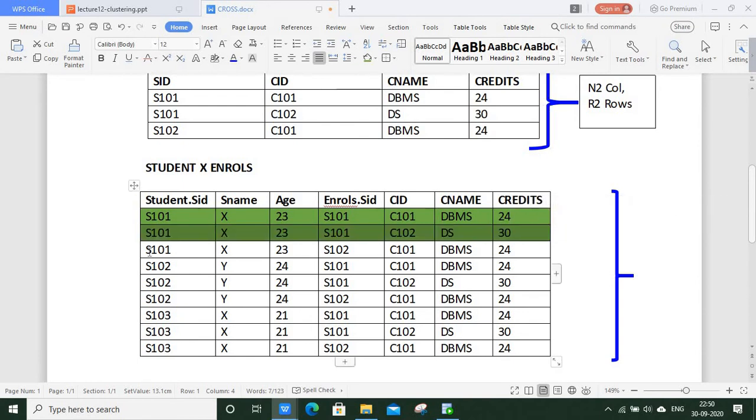Now coming to the next row, that is student 101, that has been combined with S102. So that is not a relevant combination. That becomes irrelevant because now this is the information about student 101, whereas this is the information of the courses that are related to student 102. So we must reject this one. So that is an irrelevant combination.